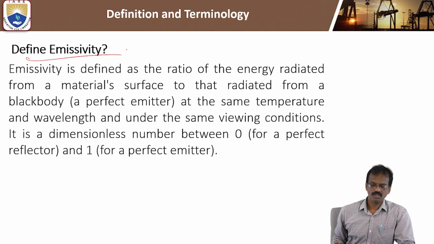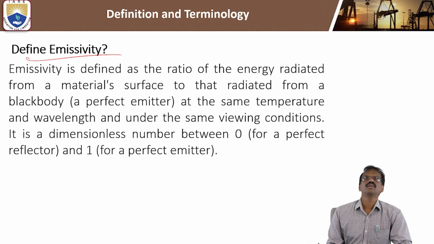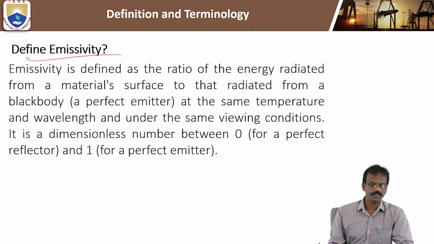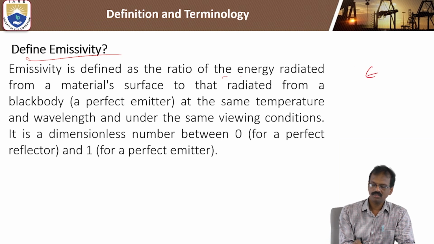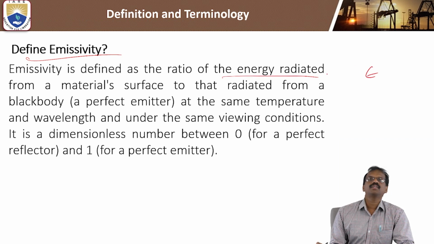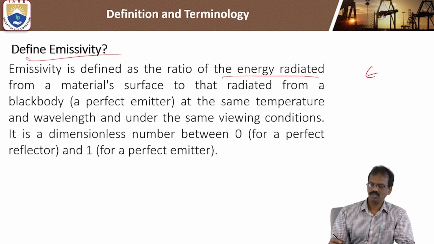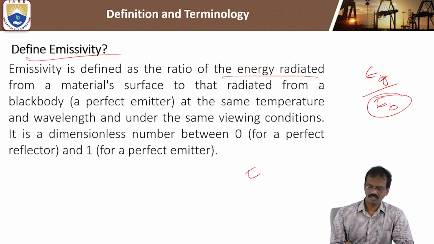Emissivity, which is related to radiation. These are terminologies related to radiation. Emissivity is defined as the ratio of energy radiated from a material surface to that radiated from the black body. So it is the emissivity of the gray body divided by the emissivity of the black body, because the black body emissivity is the highest. That is epsilon b equal to 1.